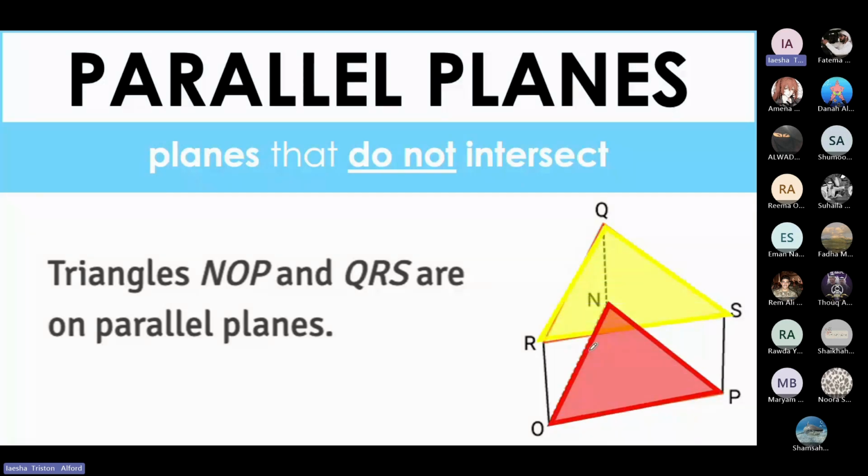So these are parallel planes, the yellow and the red. You have something on the top, something on the bottom. They cannot touch. Parallel can never ever touch. Parallel lines do not intersect. Parallel planes do not intersect. It means they cannot touch.